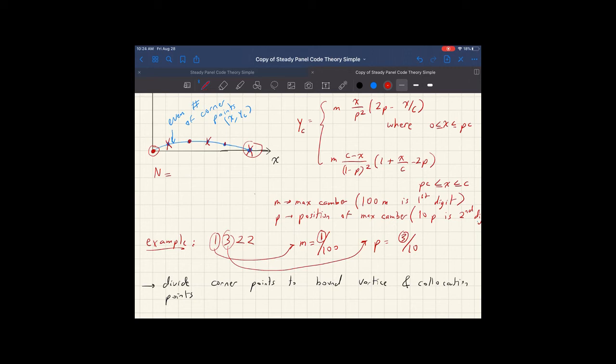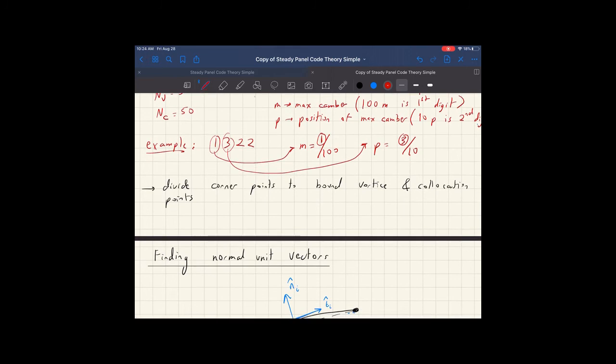If n is your number of corner points, if you picked 100 for your corner points, then the number of bound vortices is 50, and the number of collocation points is also 50. And having an equal number of collocation points and bound vortices is important so that you have a system of equations that's not overdefined or underdefined, and this will be apparent later on in the lecture.